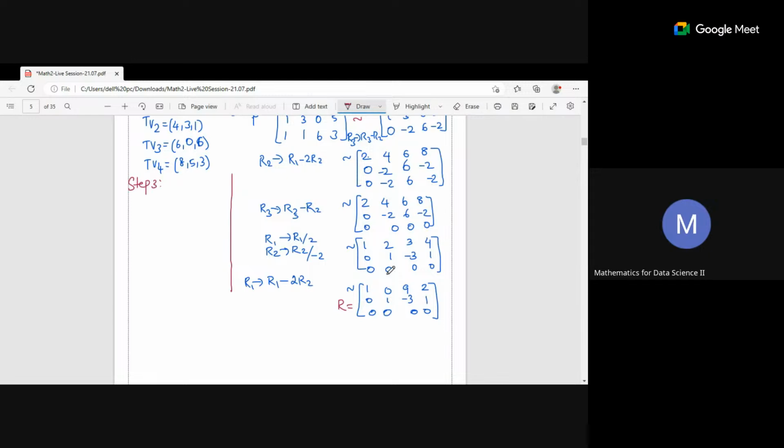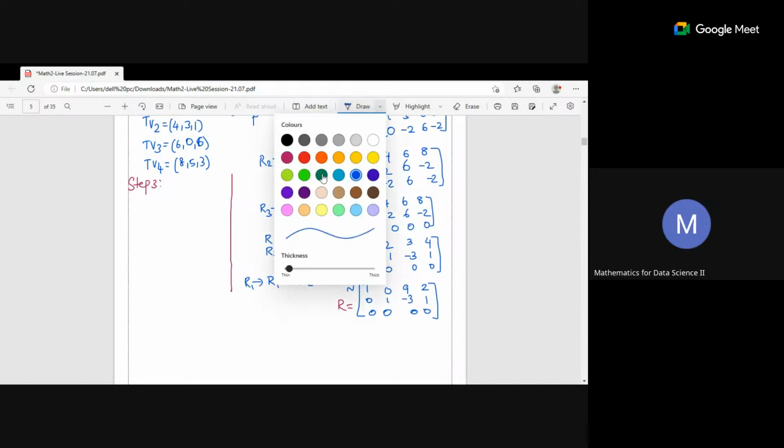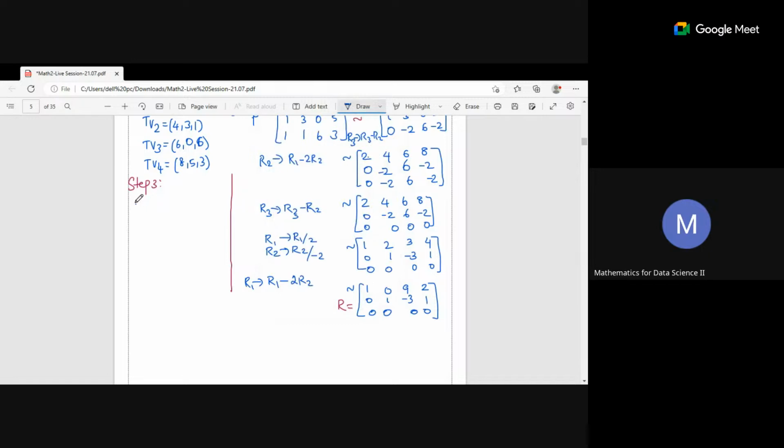So you have to find the solutions of this matrix equation Rx = 0. So you write Rx = [1 9 2 0; 0 1 -3 1; 0 0 0 0] times [x1, x2, x3] equal to [0, 0, 0].